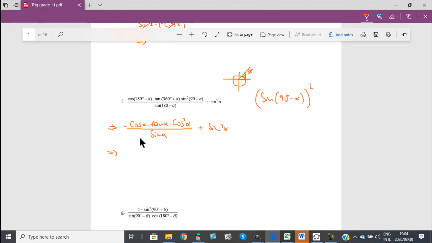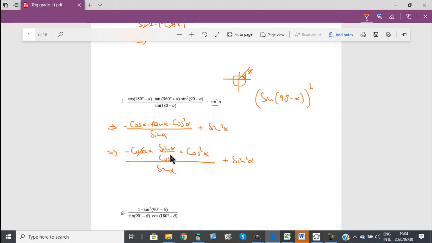Now, okay, so this is minus cos alpha. Remember tan is sine alpha over cos alpha, so we can change that, times cos squared alpha, then everything over sine alpha, plus sine squared alpha, this one here.